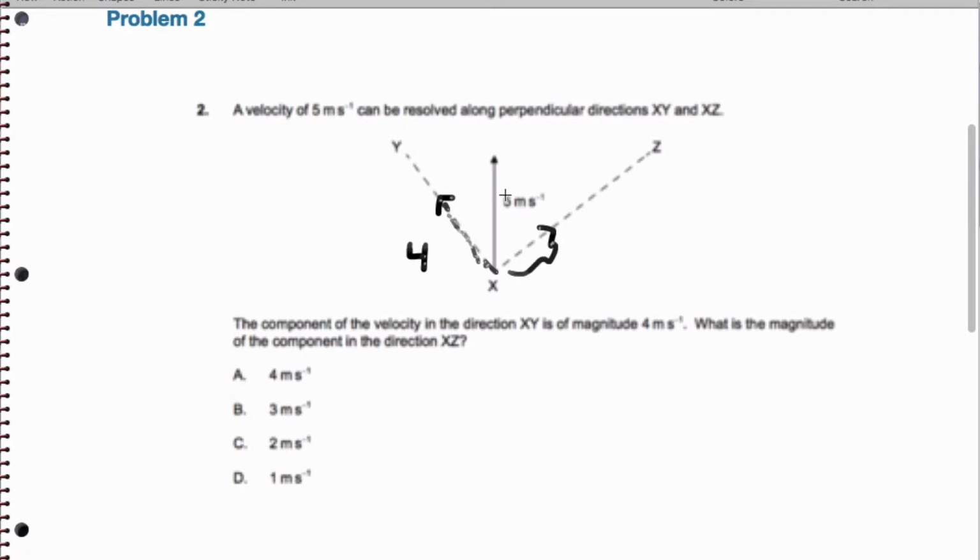In order to make this a 3, 4, 5 triangle, I'm going to pick up this piece and put it over here, and then we clearly see that this component has to be a 3-unit long component. And that's how I'm getting B for my answer.